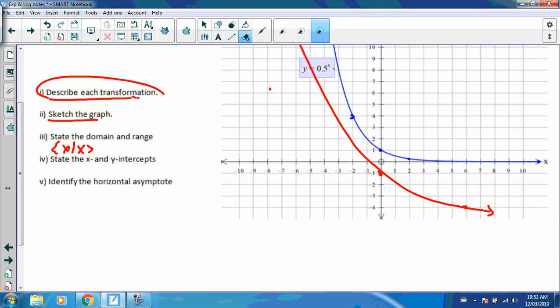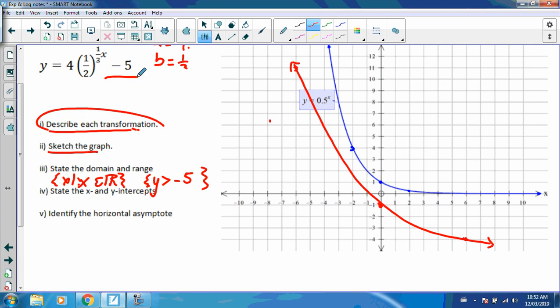X is an element of real numbers, sorry about that. There we go. Alright, and the range, my range is going to be that y is greater than -5. So you can see in the equation, it comes from here, y is greater than -5.